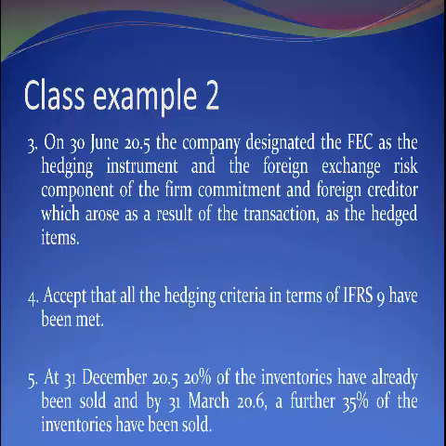There's your class example, your rates, and they say on 30 June 20.5 the company designated the FEC as a hedging instrument and the foreign exchange risk component of the firm commitment and the foreign creditor, which arose as a result of the transaction.